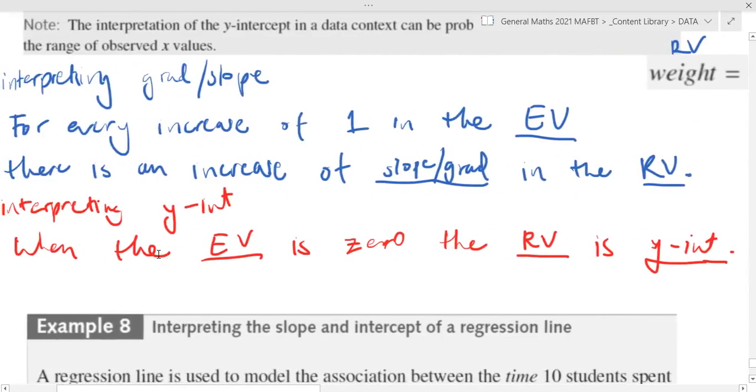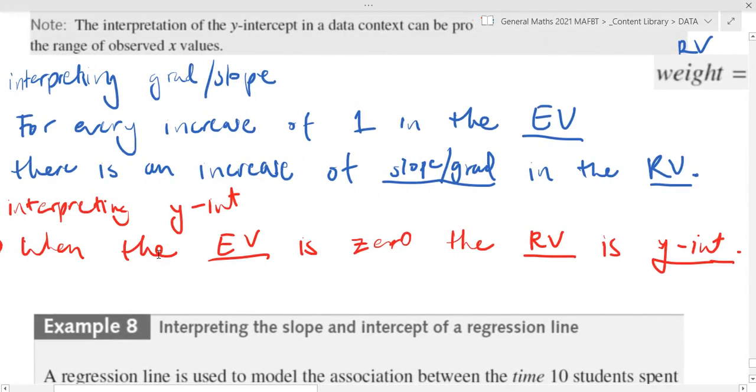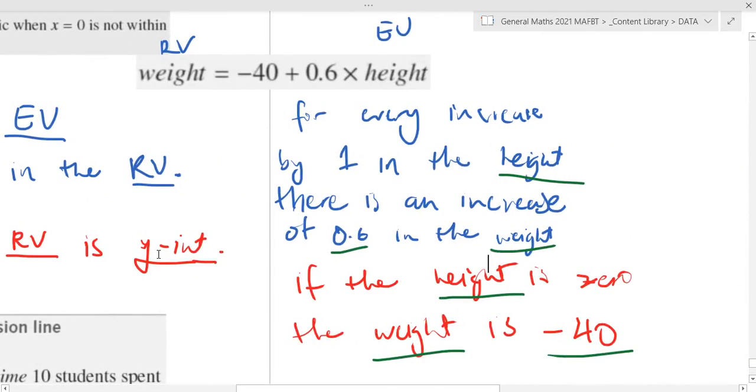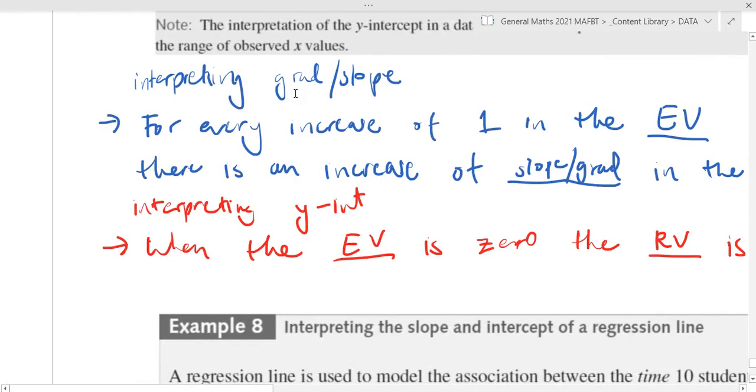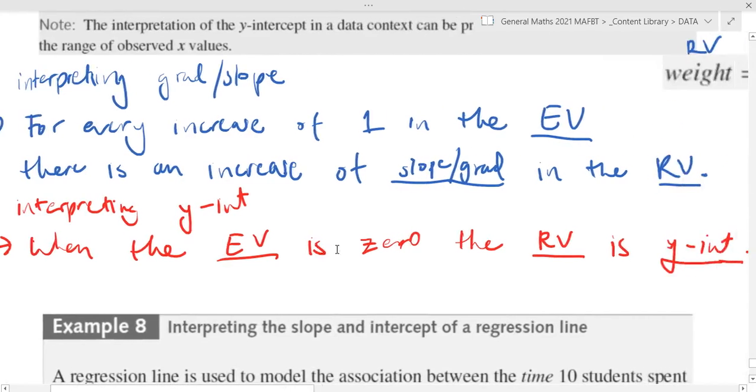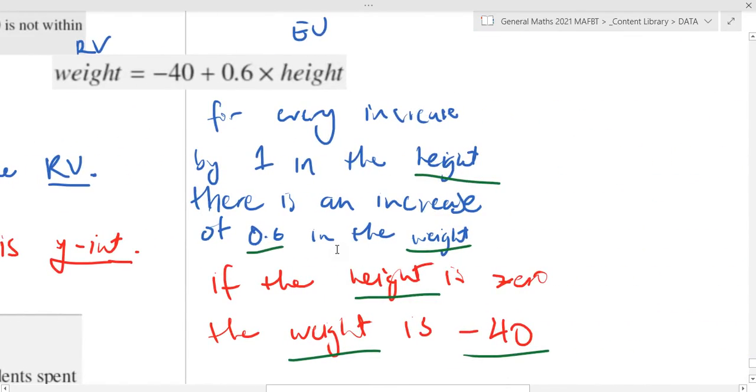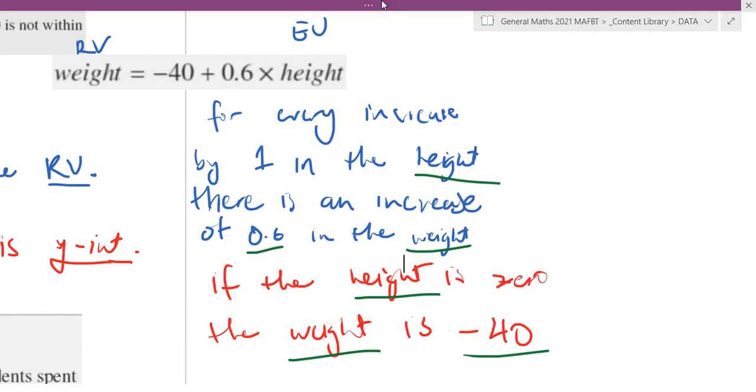When the EV is 0, the RV is whatever the y-intercept might be. So in the blue, you're interpreting the gradient slope, and in the red, you're interpreting the y-intercept. And I've just underlined the things that you're going to change for the sentences.